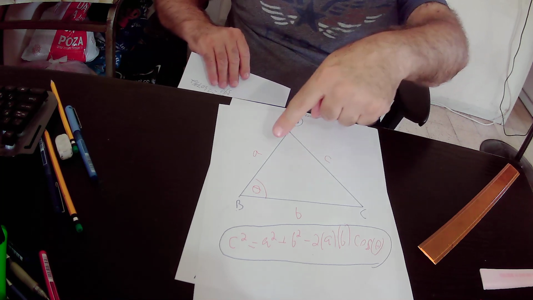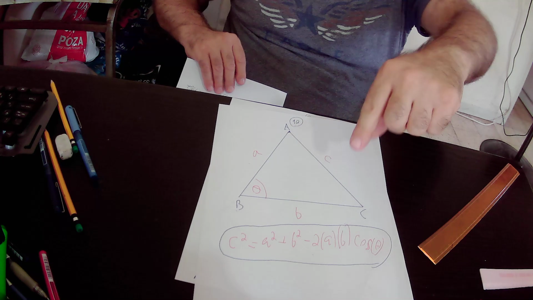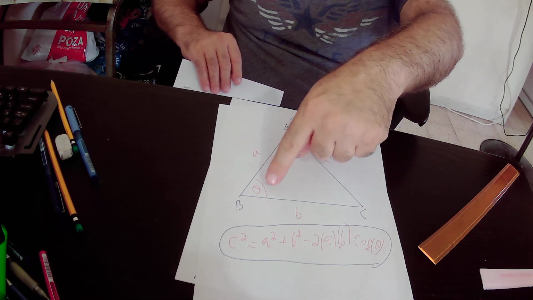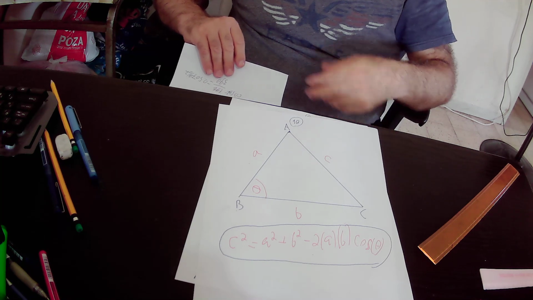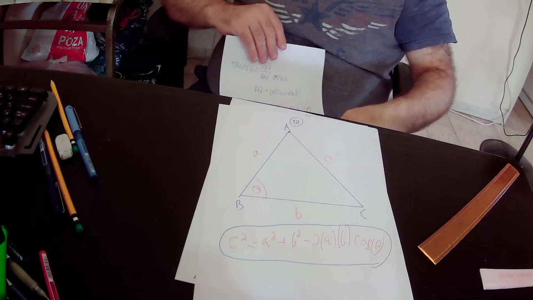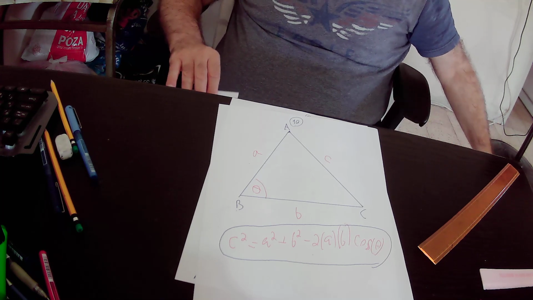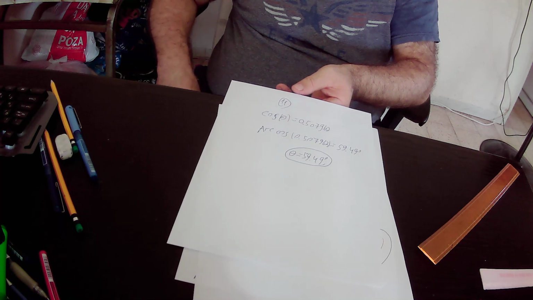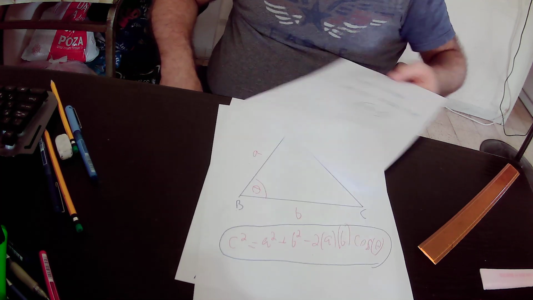We know that A equals 13 units, B equals 15 units, and C equals 14 units. The only missing variable here is cosine theta. So we put the data inside this equality, and we found out that theta equals 59.49 degrees.